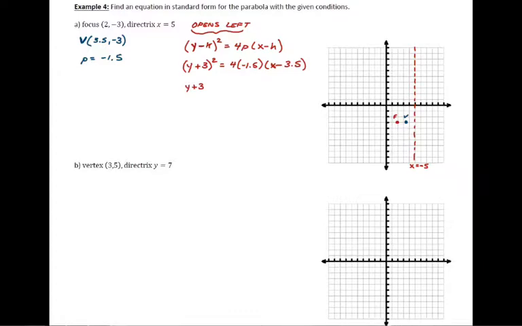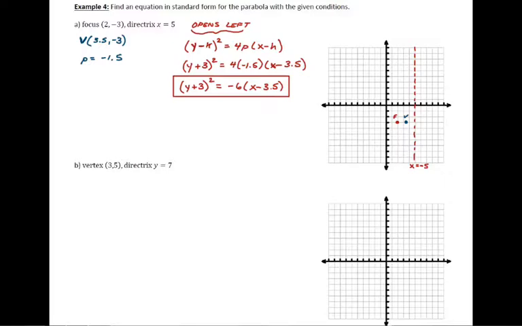So I need to do a little bit of simplifying on the right-hand side, so I have (y plus 3) quantity squared equals 4 times -1.5 is -6 times the quantity x minus 3.5. So that is my standard form equation for this parabola. Notice the x coordinate of the vertex comes from that x quantity, x minus 3.5 is an x value of 3.5, and y minus -3 or y plus 3 is the y coordinate of the vertex.